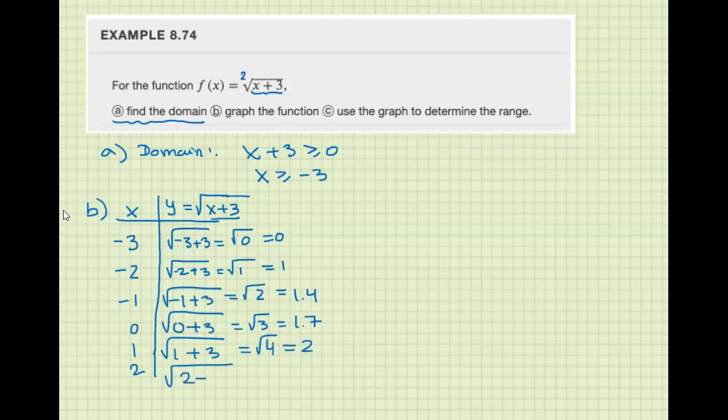And 2 plus 3 equals square root of 5, which is 2 point something. Don't know this one. Let's see. Square root of 5 is 2.2.